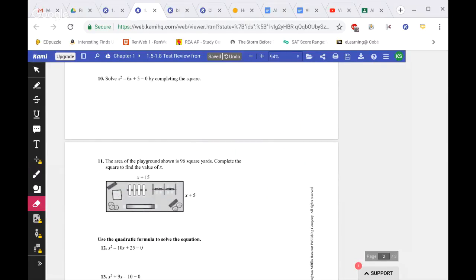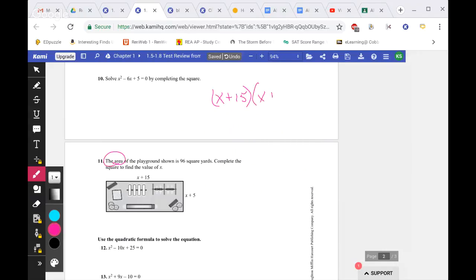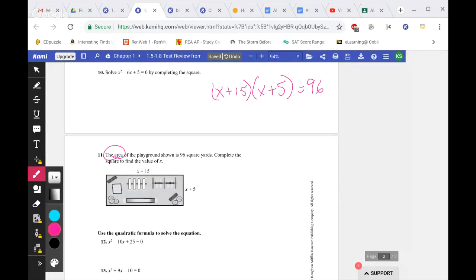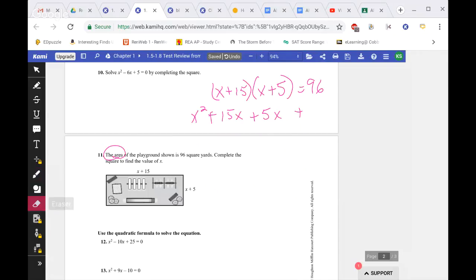So what you're going to want to do on that is go ahead and FOIL, because to find the area, x plus 15 times x plus 5 equals 96. Because the area is the length times the width. Yes? Yes. So we've got x squared plus 15x plus 5x. And then 15 times 5 is, I didn't leave myself very much room here.